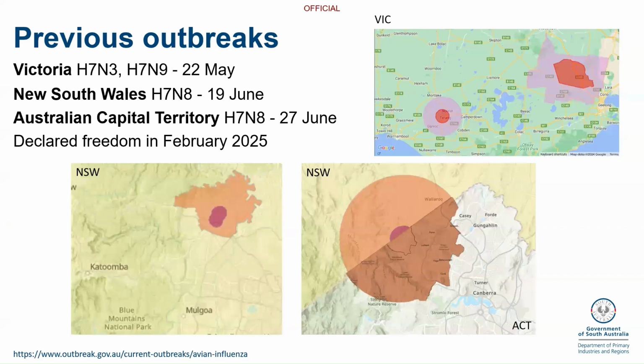These outbreaks were successfully eradicated and Australia self-declared freedom from HPAI to the World Organization for Animal Health in early February of this year, 2025. So this did take quite some time, about 8 months from the start of the outbreaks to achieve national freedom. And unfortunately, less than a week later, a new unrelated outbreak was declared in Victoria.